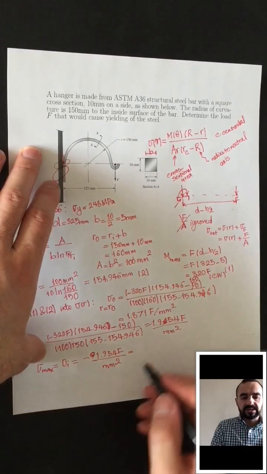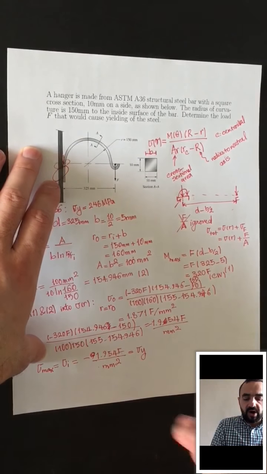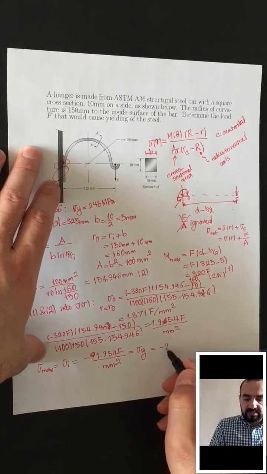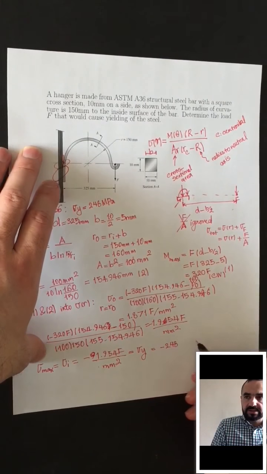And this sigma max needs to be equal to sigma y to cause yielding, and sigma y was minus 248.